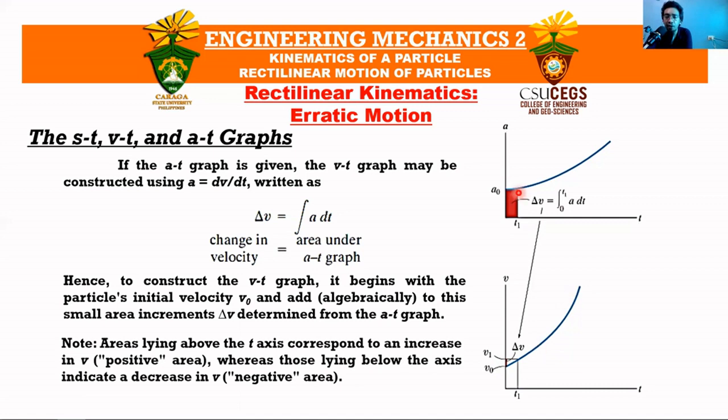As shown here in this figure, since the areas here in the a-t graph are above the t-axis, when you construct the v-t graph, it will have an increase in velocity, therefore it is a positive area, whereas those lying below the axis indicate a decrease in v or a negative area.